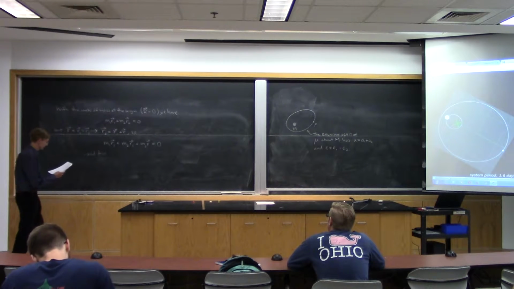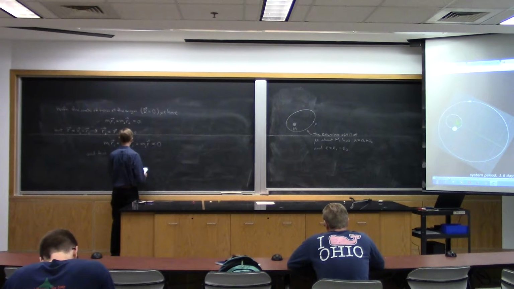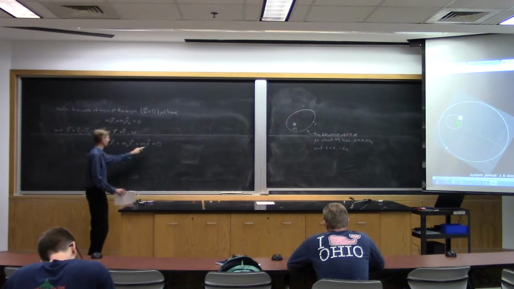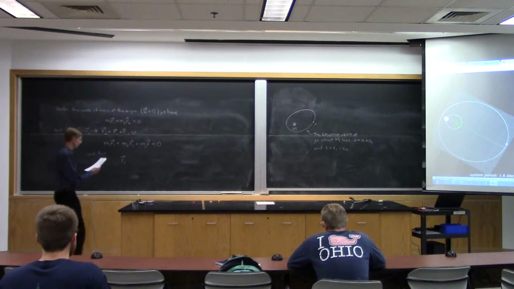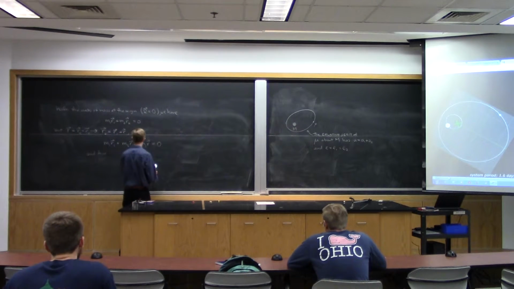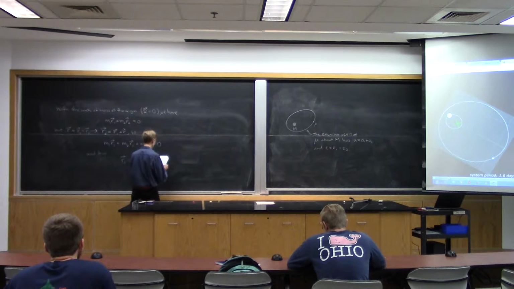So now we can write that r1, because now we've just got r1 and r in our expression, so we can put r1 in terms of r. r1 is equal to minus m2 over m1 plus m2 times r.